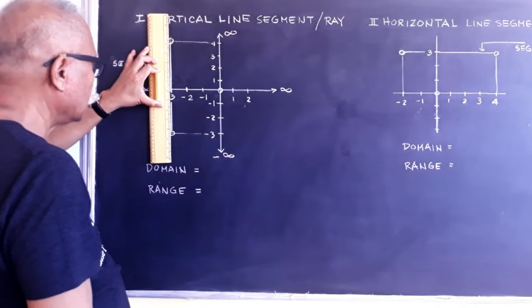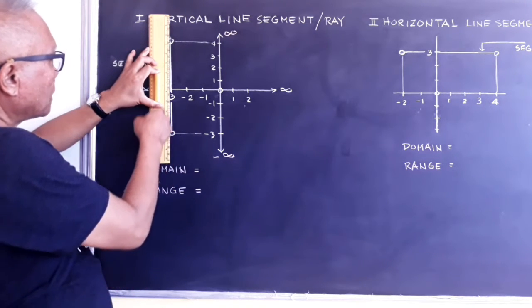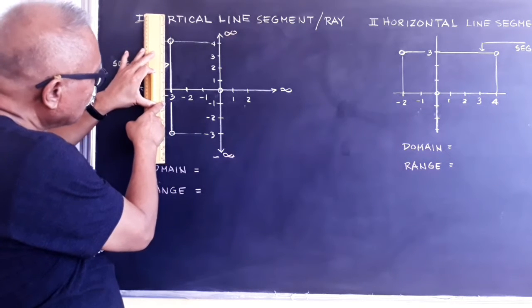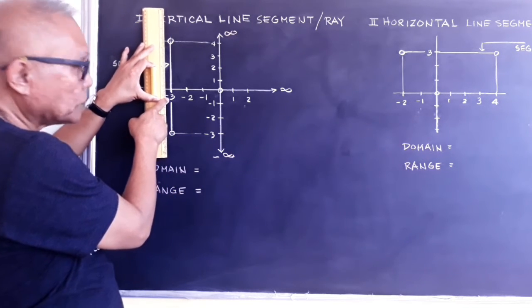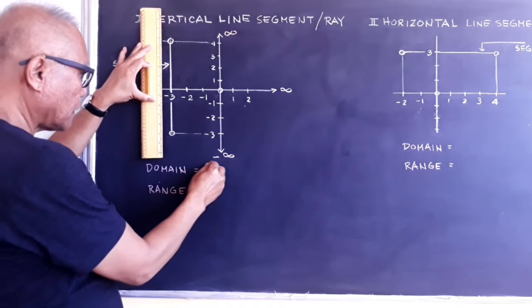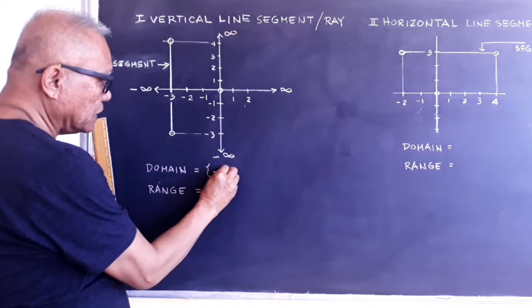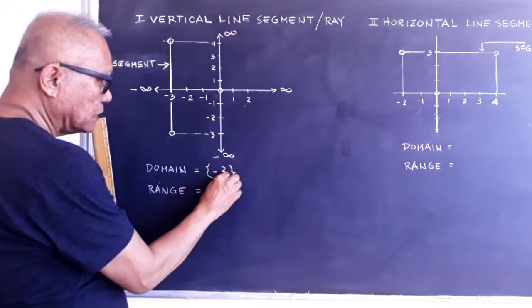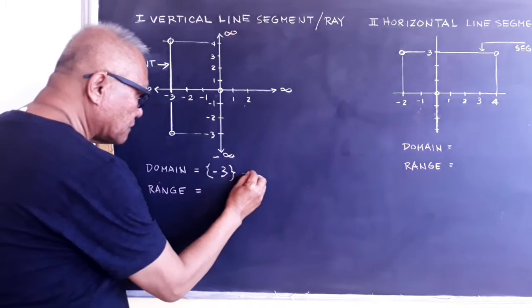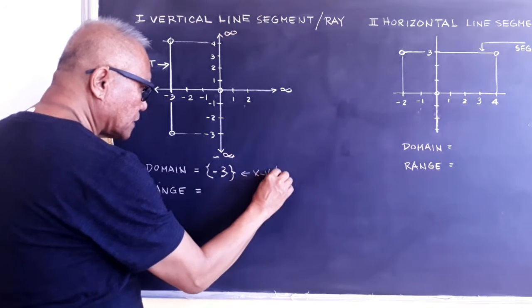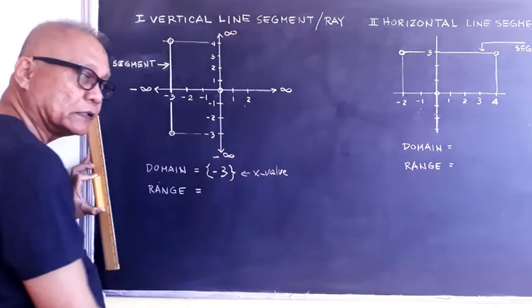And here, our vertical line intersects the line itself at x is equal to -3. Therefore, our domain is -3 only. And this one is the x value, or x values if more than one.